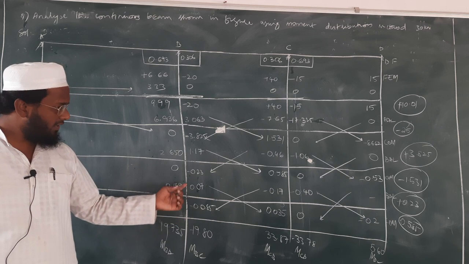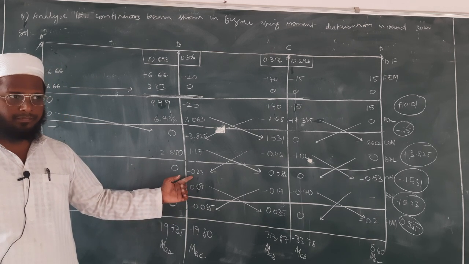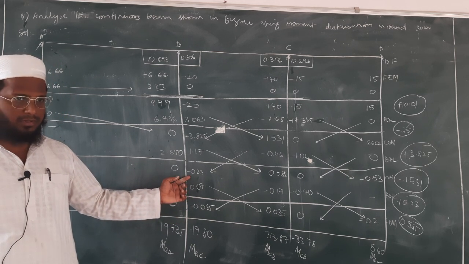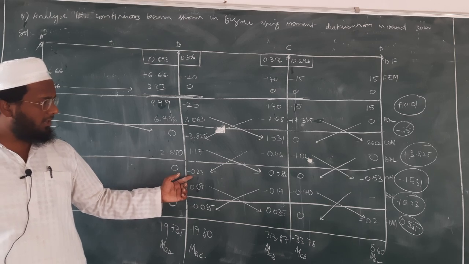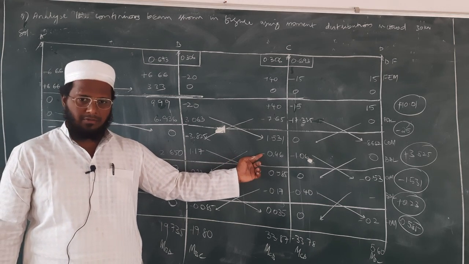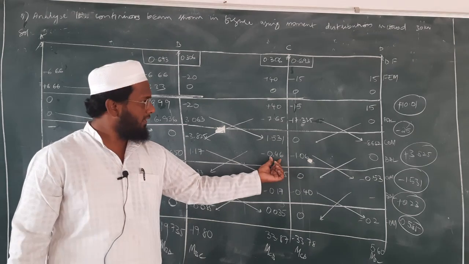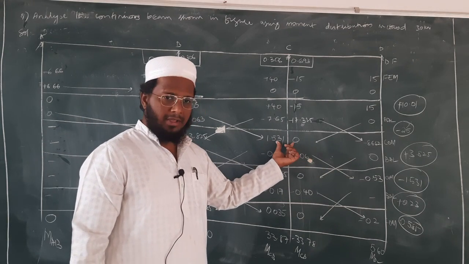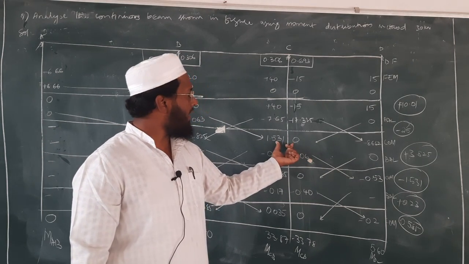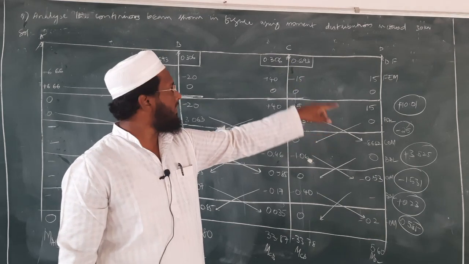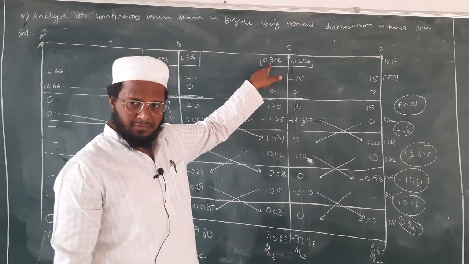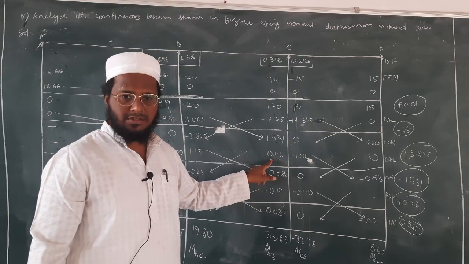How did we get the 0.23? We got the value of 0.23 by dividing this 0.46. How did we get this 0.46? Can you tell me? From 1.531, by balancing, isn't it? So add this one, whatever the value you get, multiply with the respective distribution factor, you will get the value of this one.